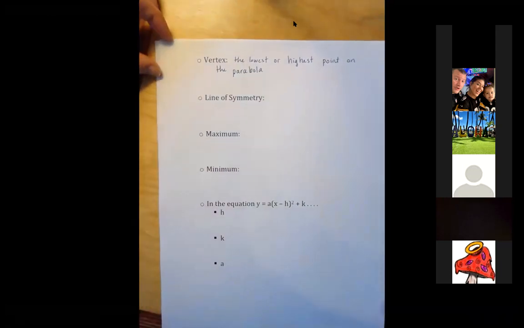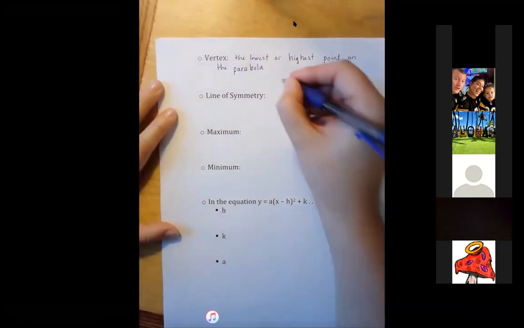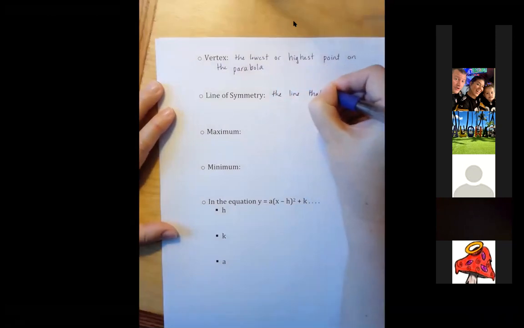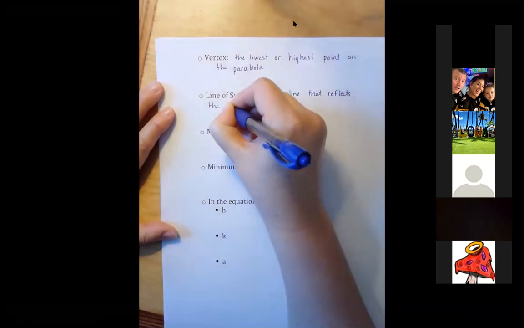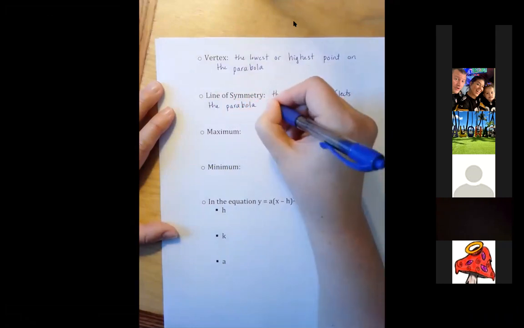All parabolas, being U-shaped, have a line of symmetry. The line of symmetry is the line that reflects the parabola back onto itself.